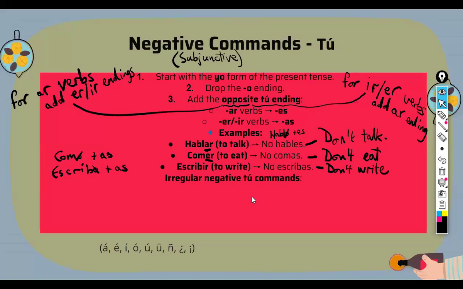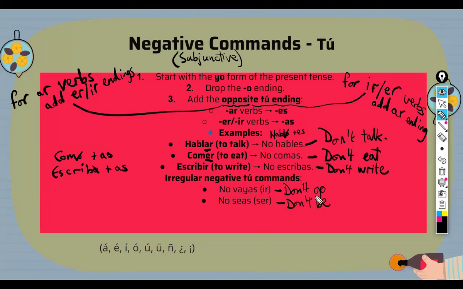All right, now there are a handful of commands that don't follow this rule because they are irregular. You guys remember some of them? So no vayas, don't go. No seas, don't be.